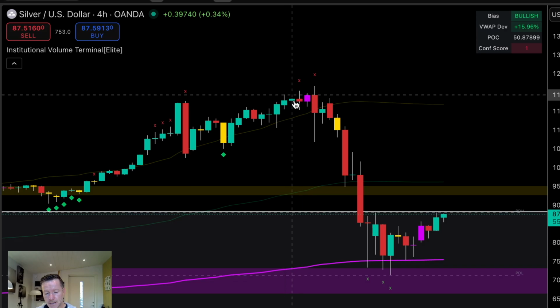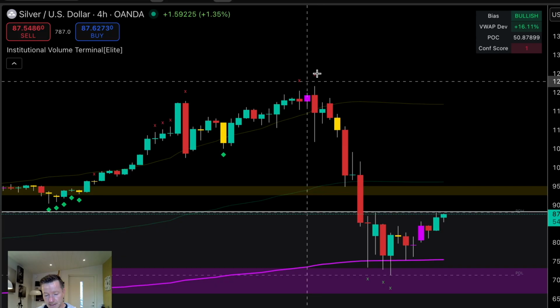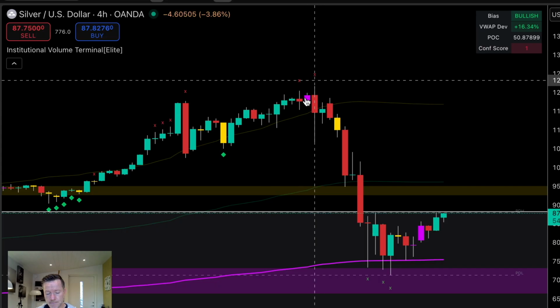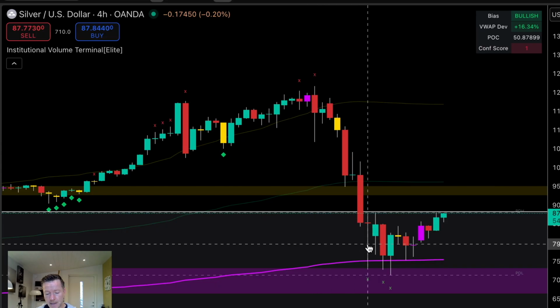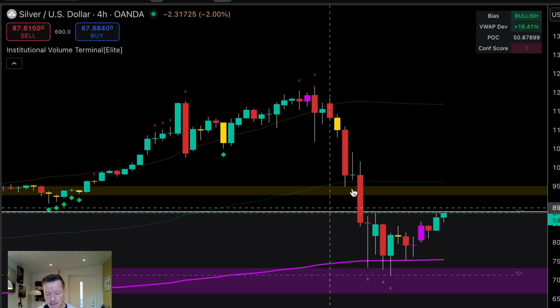We are seeing a liquidity sweep here, and a liquidity sweep here as well, and that tells me that something is going on in the market. The institutions, the big players, they want liquidity. And sure enough, it went down hard. It is one of the biggest crashes we have seen for a long time.